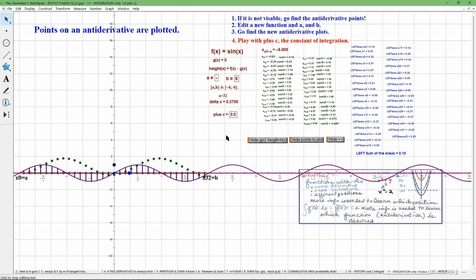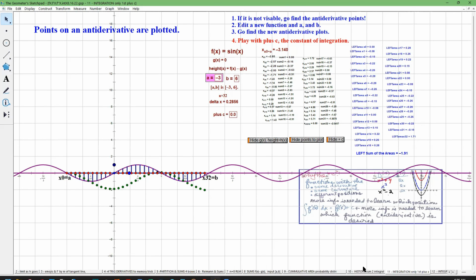Now let's make it negative 3.14. There's our curve. You can clearly see here's the sine function we started with. Here's the plot of its antiderivative, the negative cosine. Almost done.